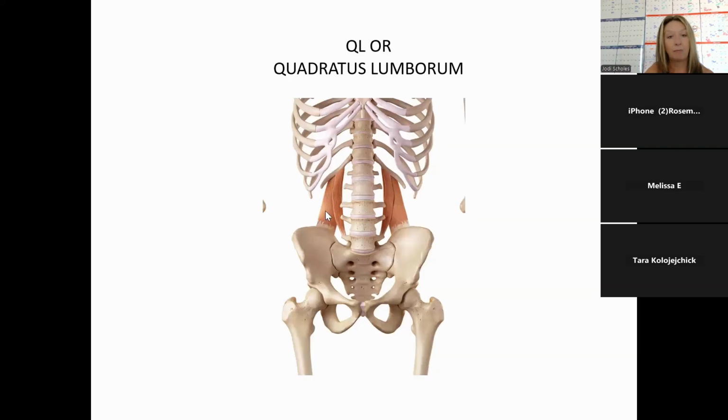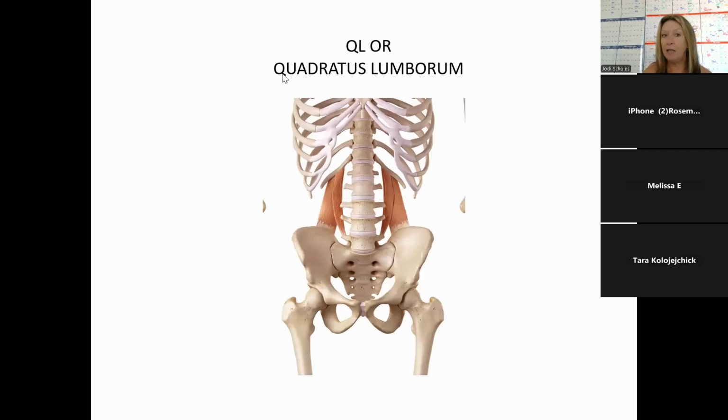Quadratus lumborum. And you see this first word, and you might say, is it a quad? No, no, no. The quads have the names of the rectus femoris, the vastus medialis, vastus lateralis.